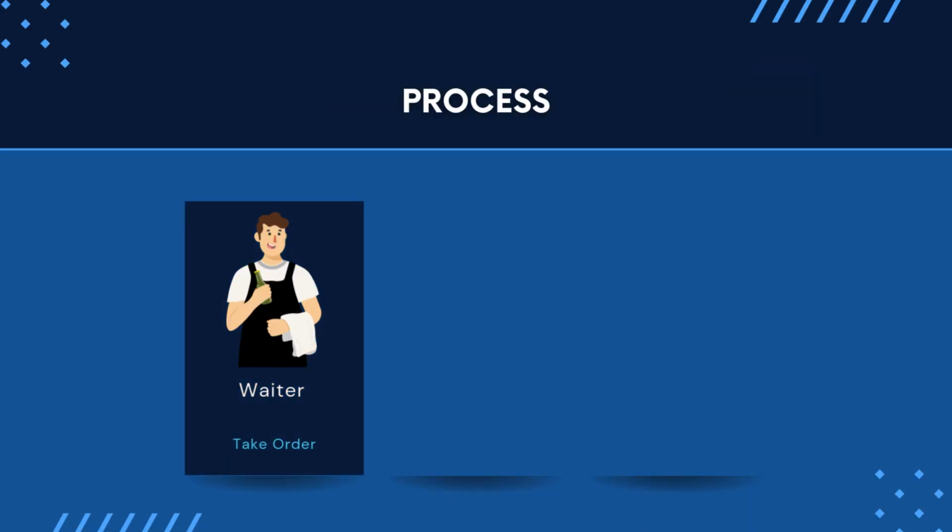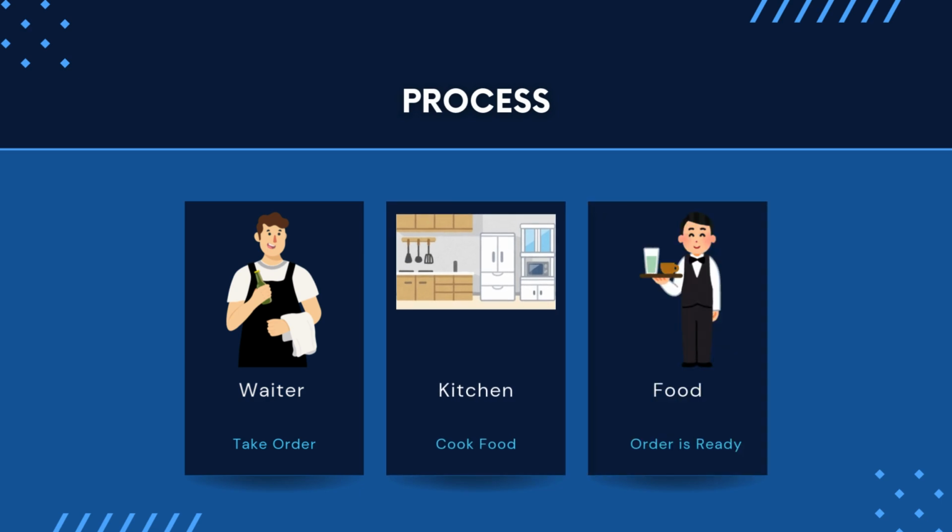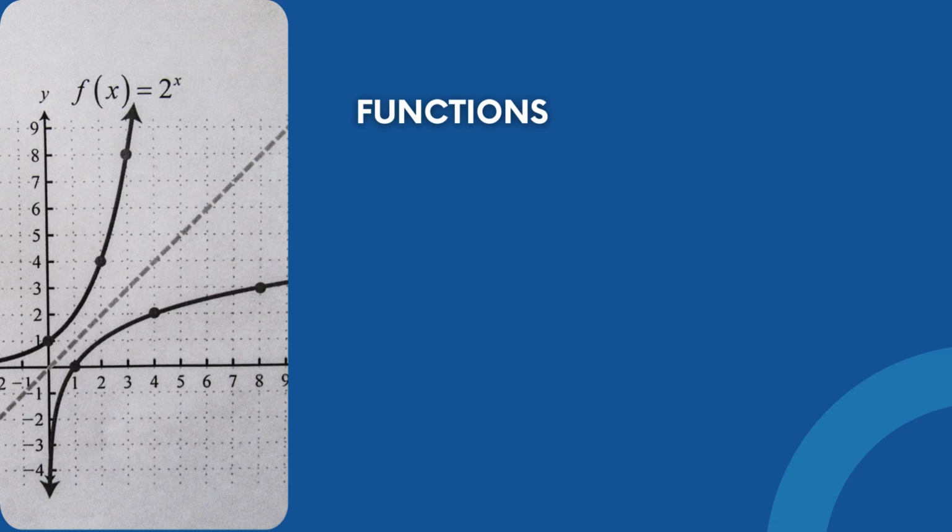Now, think of the waiter as a function in C. The waiter takes the input, that is your order, passes it to the kitchen, and brings back the result. You don't have to worry about the cooking process, just like you don't need to know the inner workings of a function when you're using it. In programming, functions work in much the same way.